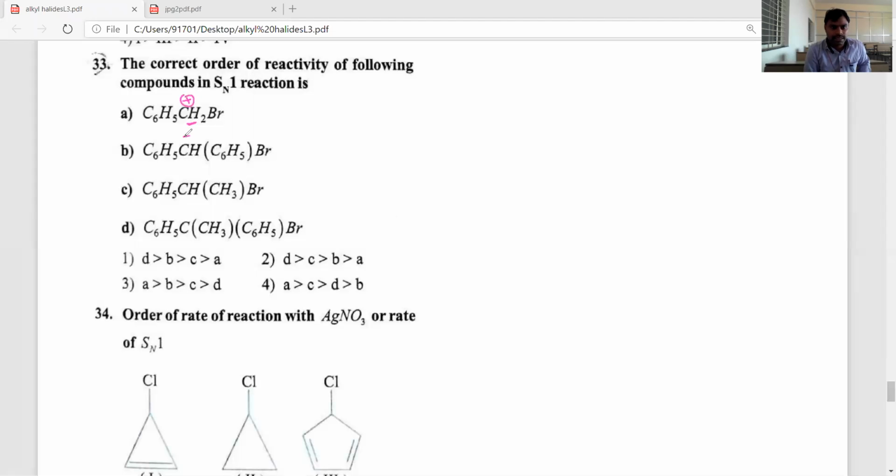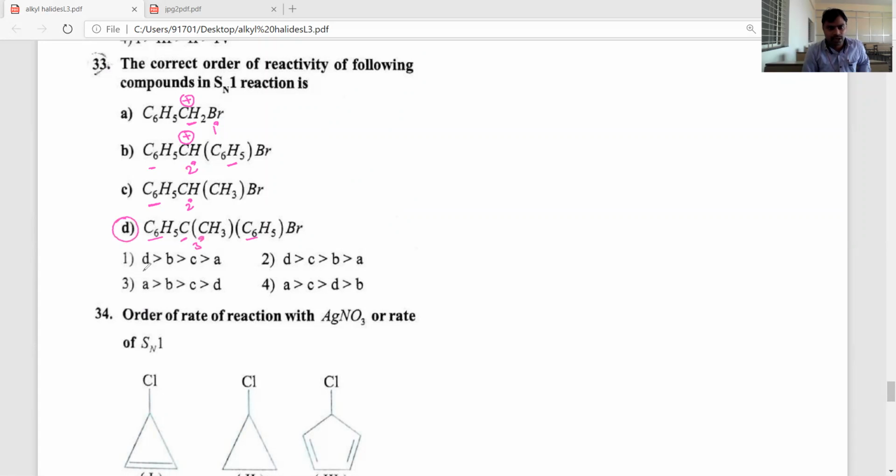It is secondary. It is primary. Here two benzene rings are present. Here only one benzene ring, but it is secondary. And here it is two benzene rings with a tertiary carbocation. That's why D is more than all.